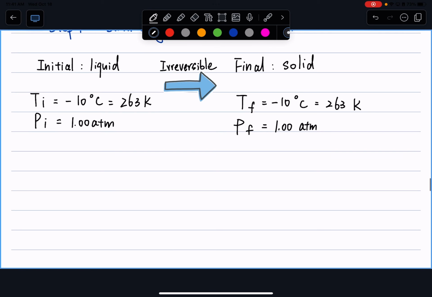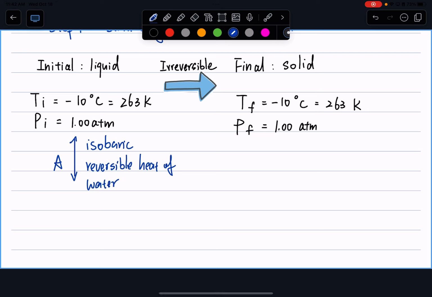Because it is an irreversible process, we can't just directly use our Q reversible. What we want to do is build a process. Let's imagine the first step to be an isobaric, reversible heating of water to 0 degrees Celsius.